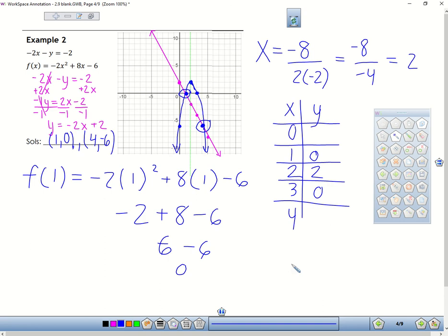Did you guys get that, who did it algebraically? Yes? No? You want to see it algebraically as well? What's up? Bathroom, yeah.